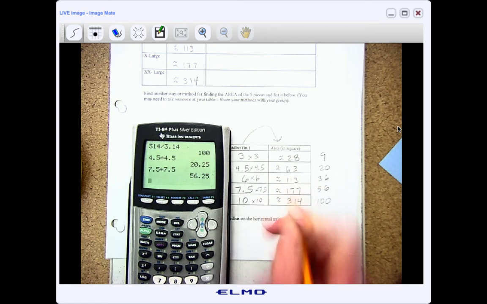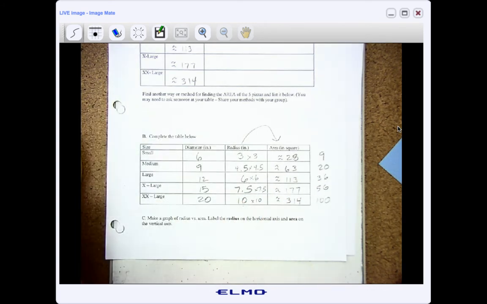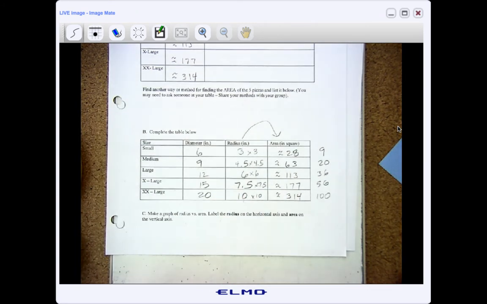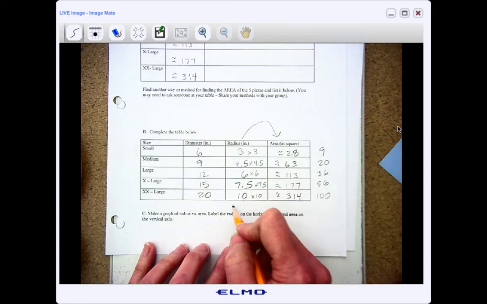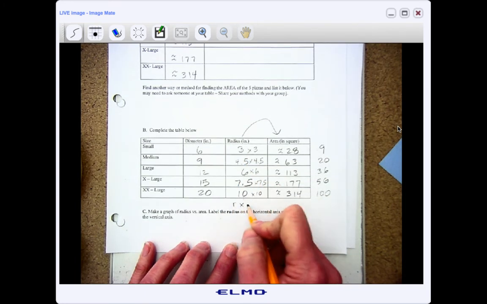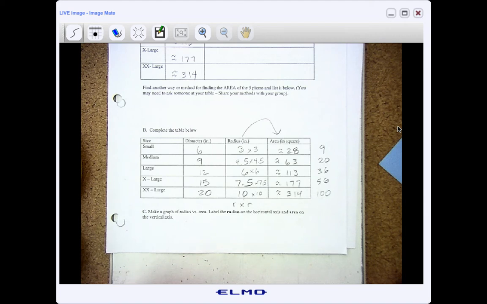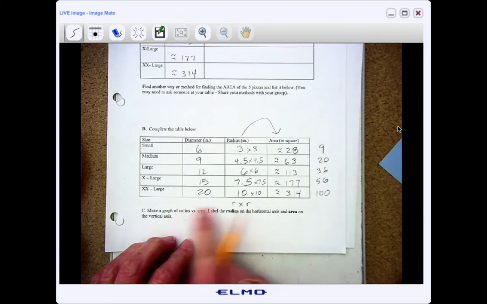So this is really cool. If I wanted to find the area of any circle, instead of doing all this crazy counting inside or making a graph and then trying to estimate it, if I just took the radius times the radius, which is pretty easy to measure, probably diameter is the easiest, and then find the radius.